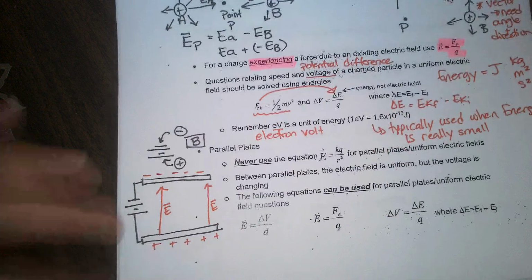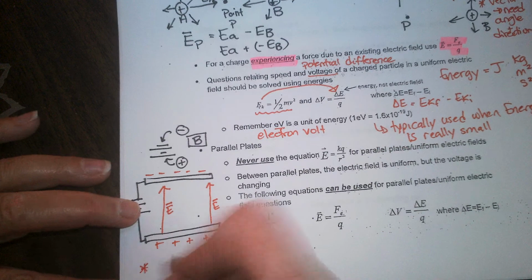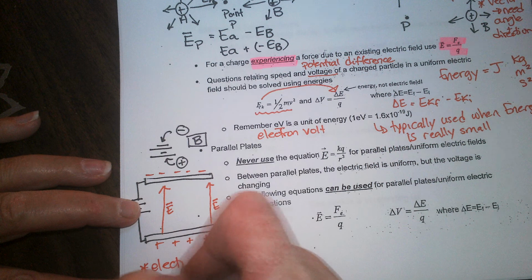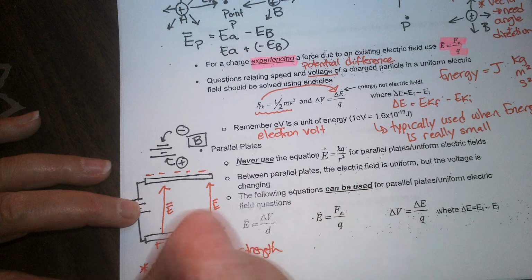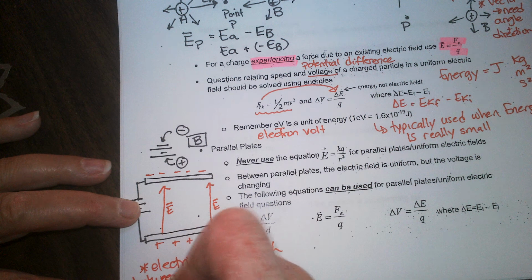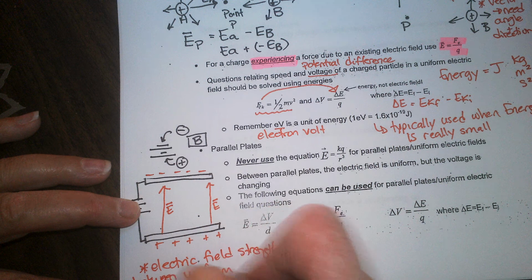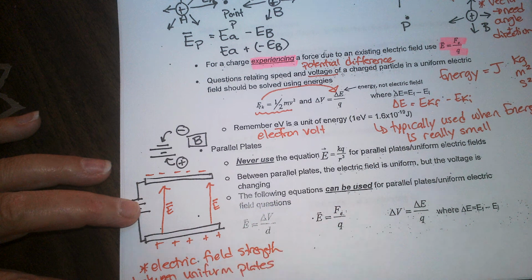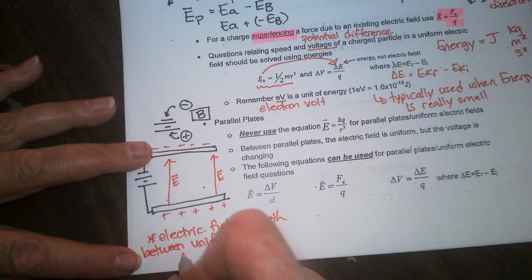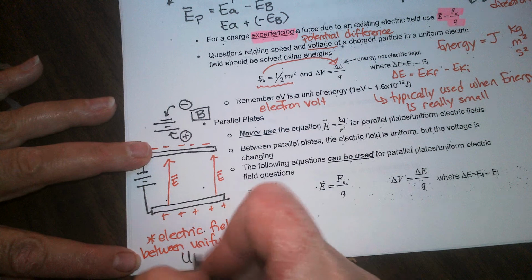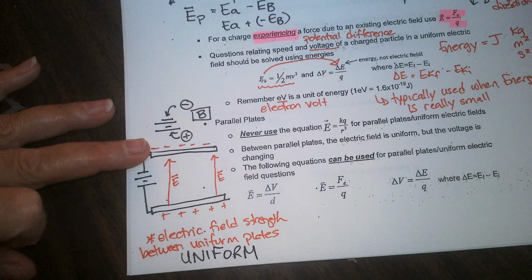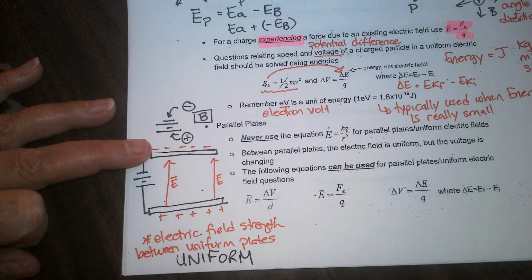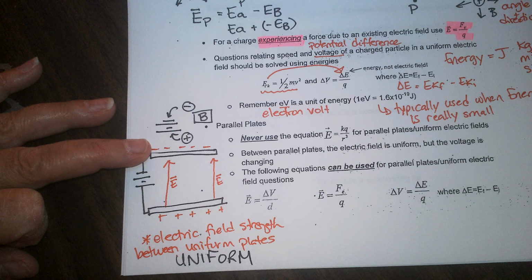What do we know about electric field strength between uniform plates? What was that, Avery? Nope, that's potential difference. This is uniform. Electric field strength is uniform across the entire distance between parallel plates.